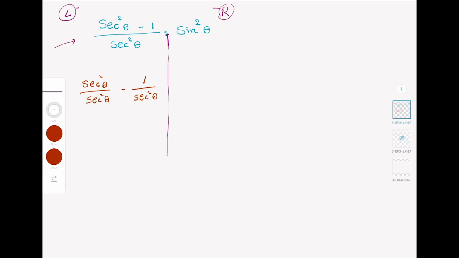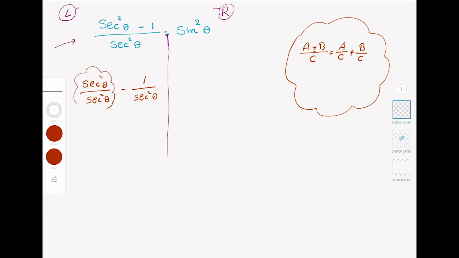So how did I get this? A little note for you guys. If we have a plus b divided by c, I can write this as a over c plus b over c. So if it's a minus, you can also make a minus. So I break it down like this. Secant square of theta over secant square of theta, they cancel. The answer is 1. 1 minus 1 over secant square of theta.